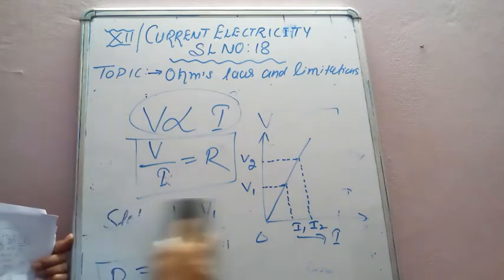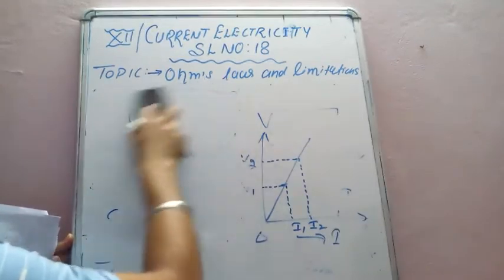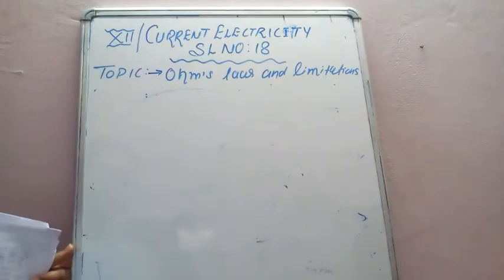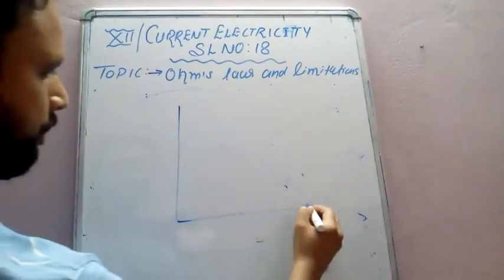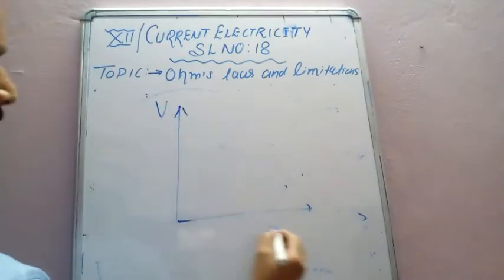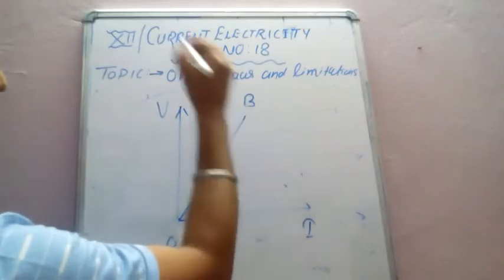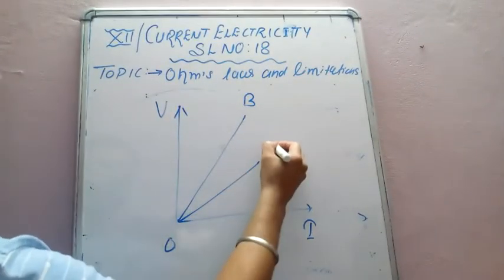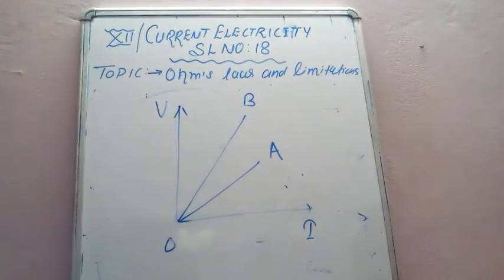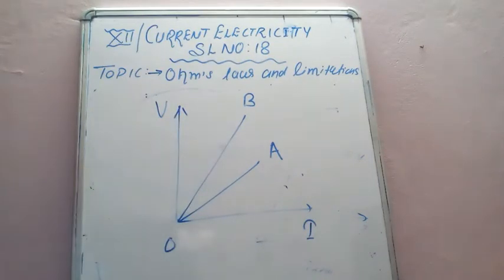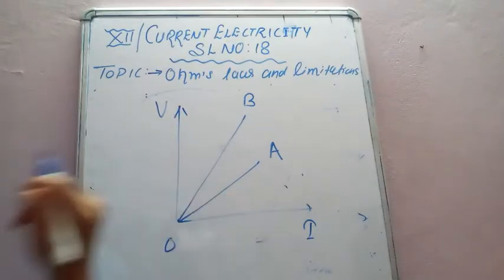Suppose this is the VI graph, this is conductor B and this is conductor A. Can we find for which conductor resistance is more and for which one the resistance is lesser?